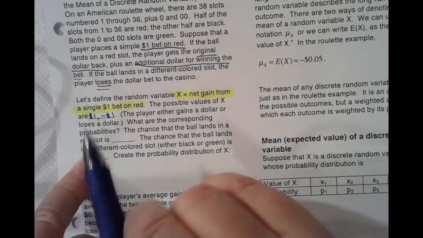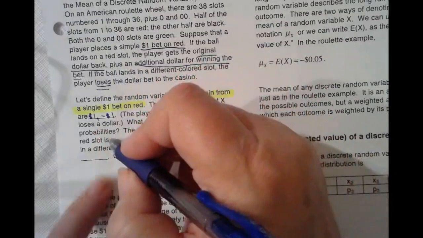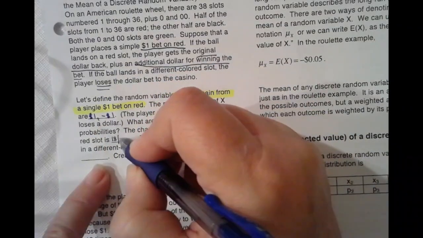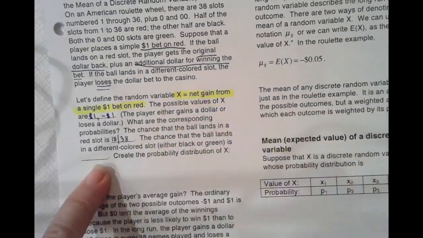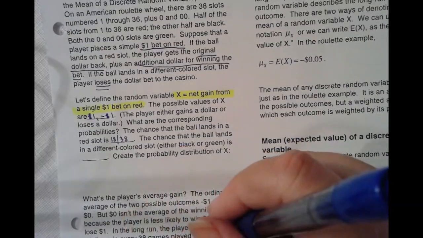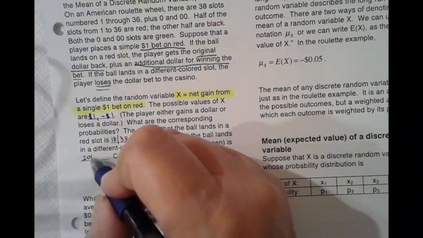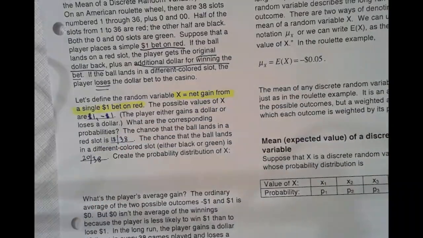Okay, so half of the slots are red, so that's going to be 18 out of 38. The chance that the ball lands on a different color slot is 20 out of 38. Okay, so it's either black or green.